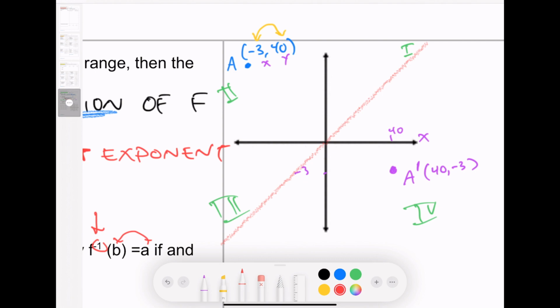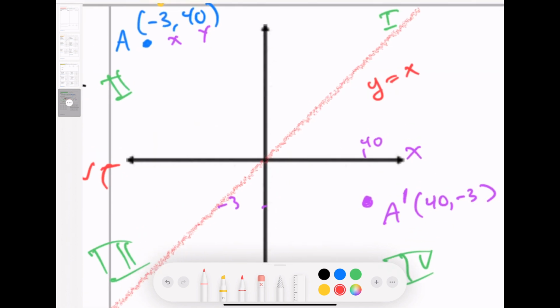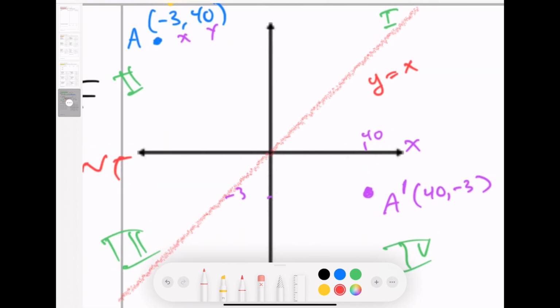The ordered pair A is reflected over to this point, and you can see it is in quadrant 4. Okay? So the big idea is that that red line represents the inverse. This represents an equation called y equals x.